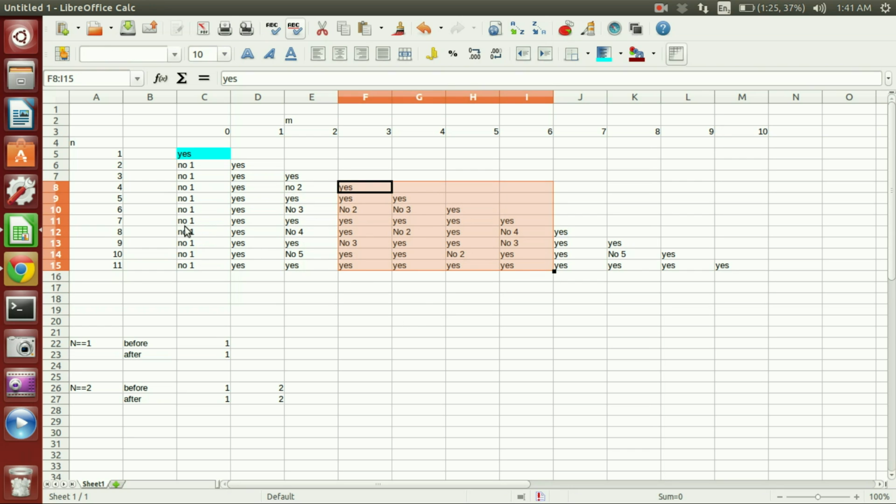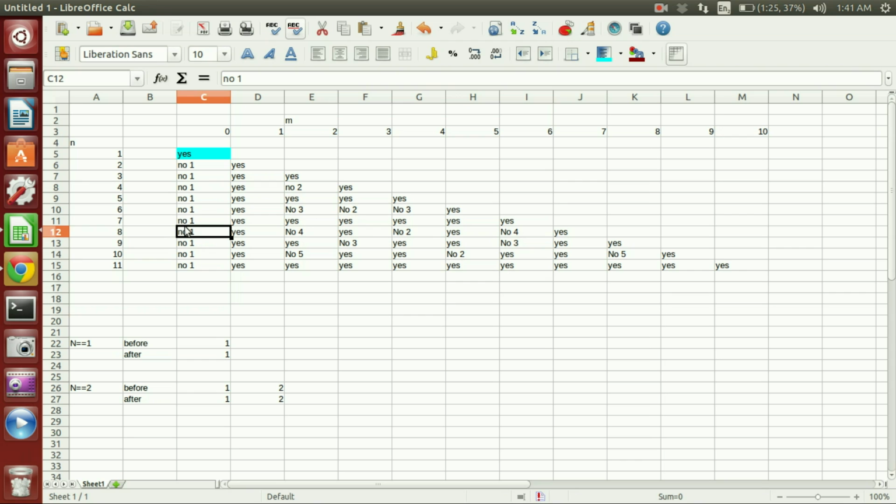After calculating the values, we notice, let's say, consider n equal to 8. We know these values, and we know these values also. We have to calculate these values. This one is also m equal to n minus 1, that trivial case.